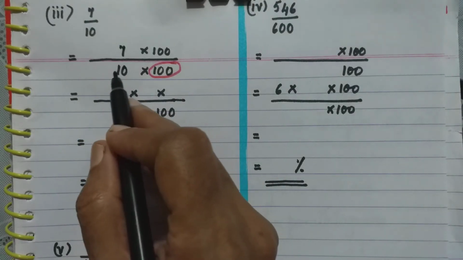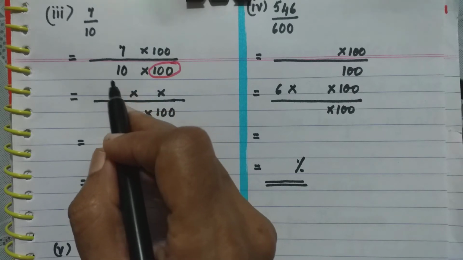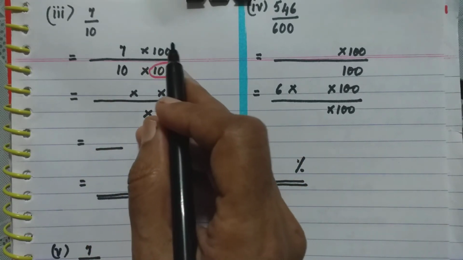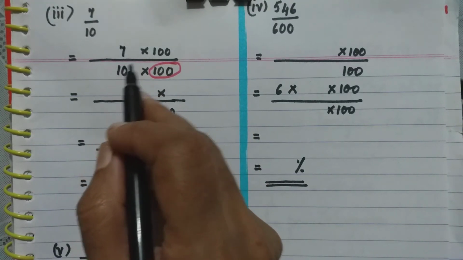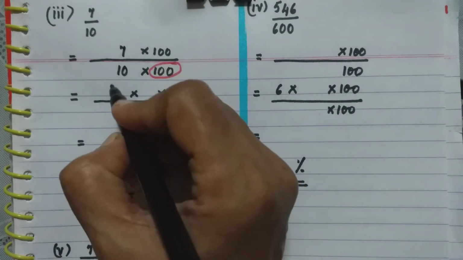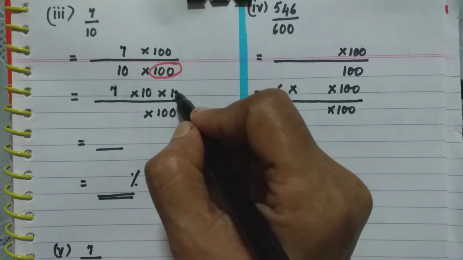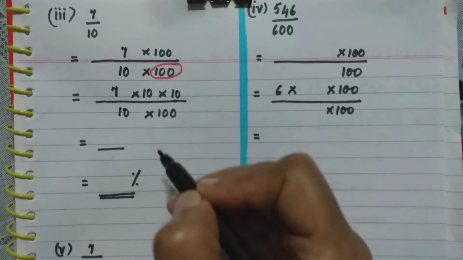And then what we do is, the fraction which is given to us, its denominator is 10. So this 100, we can write it as a factor of 10. That is, 100 can be written as 10 into 10. So we write 7 into 10 into 10. And this 10 remains as it is.